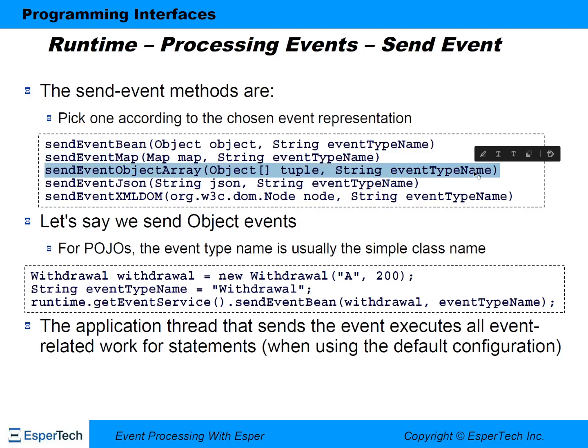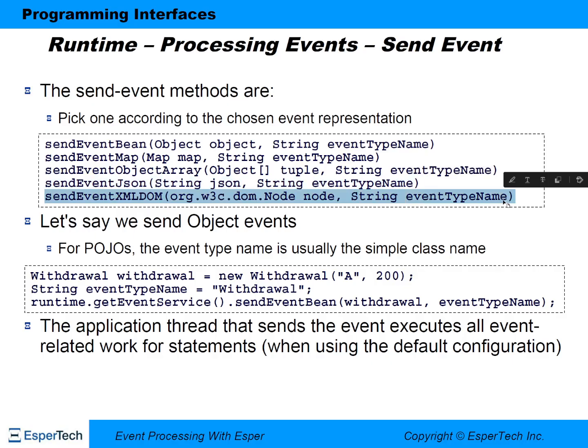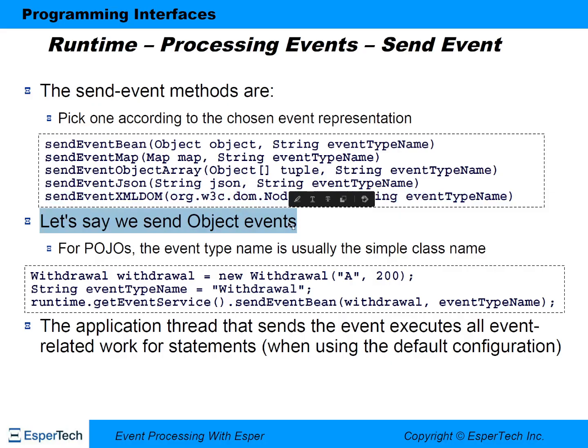The send event object array method processes an object array event. The send event JSON method processes a JSON string. The send event XML DOM method processes an XML document event. So, to illustrate, assume the application has defined a withdrawal class that has a constructor that takes a string account ID and a numeric amount.